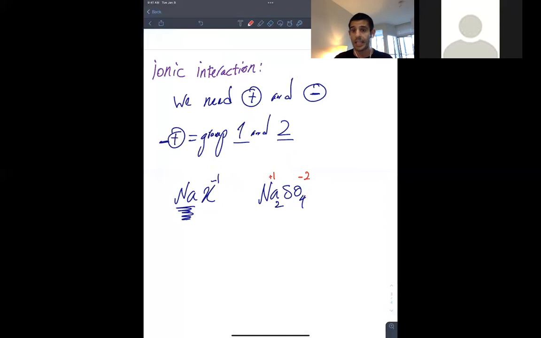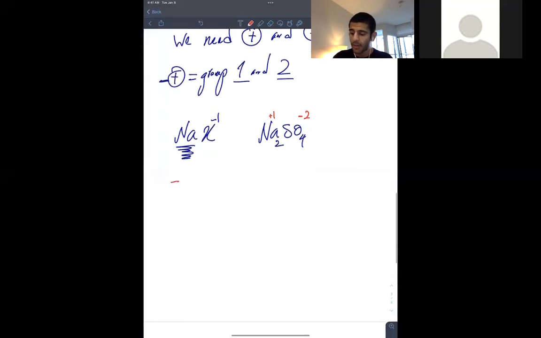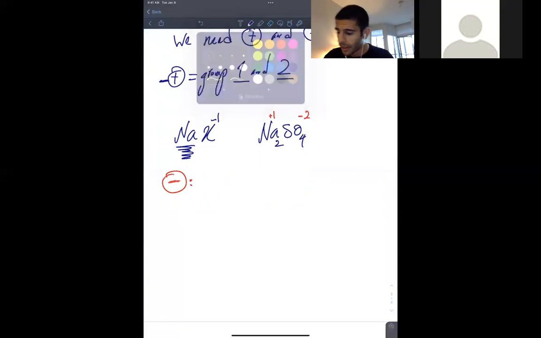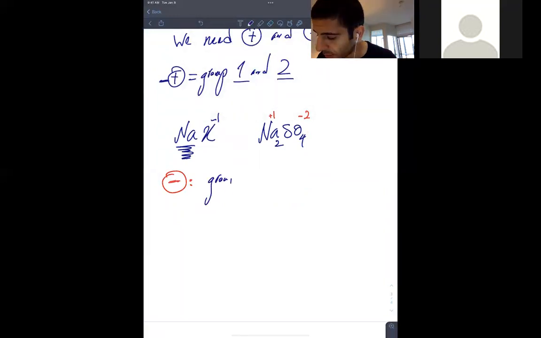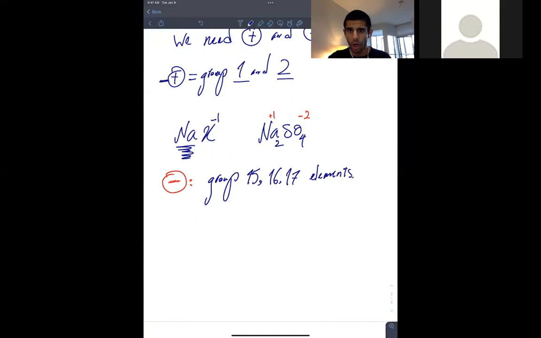So this is the key. You don't have to be able to see this. And then usually the negative guy is usually group 15, 16, and 17 elements. Again, how you figure out what their charges are is always based on group 1 and 2.